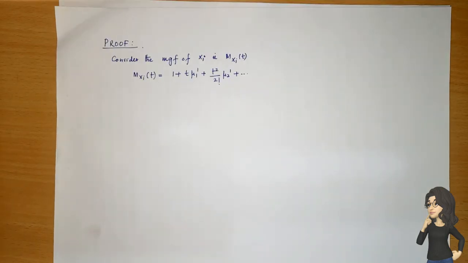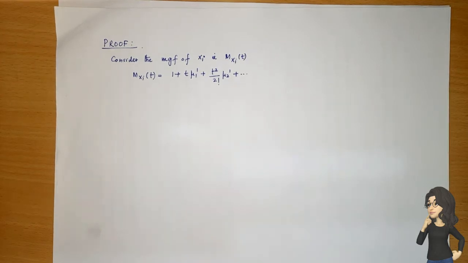Moving on to the proof of the central limit theorem, we begin with the MGF of the random variables. We know the MGF of a random variable xi is as follows: Mxi of t is equal to 1 plus t mu1 dash plus t square by 2 factorial mu2 dash, etc. This is the general form of the moment generating function.